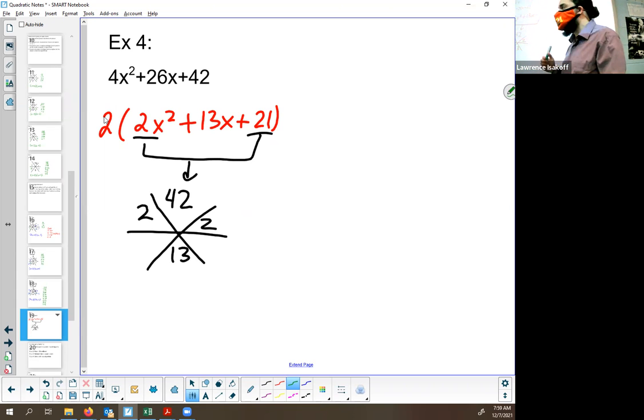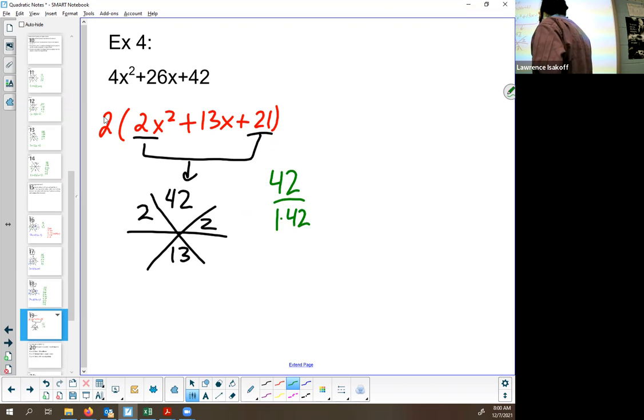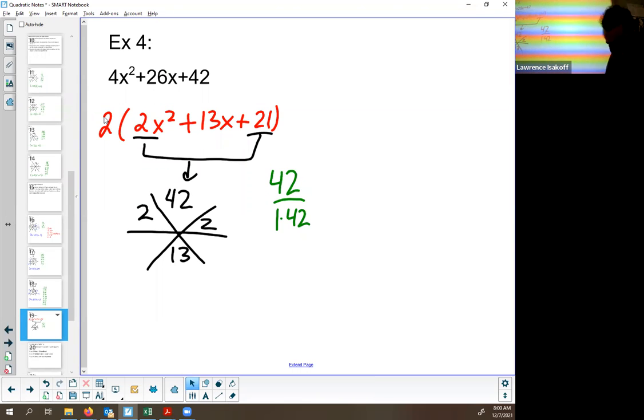So we'll look to see what multiplies to give us 42 in a second. Let's get the obvious answer out of the way.